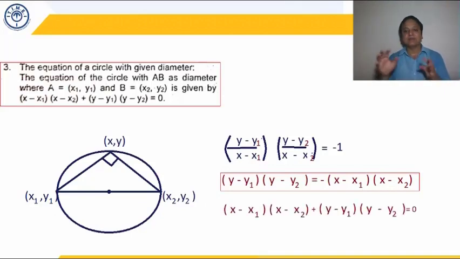And this is the diametric form of the equation of a circle: (x − x1)(x − x2) + (y − y1)(y − y2) = 0. Whenever the endpoints of a diameter are given, we use this form. Simple derivation. The product of slopes is −1 because the angle in a semicircle is always a right angle.